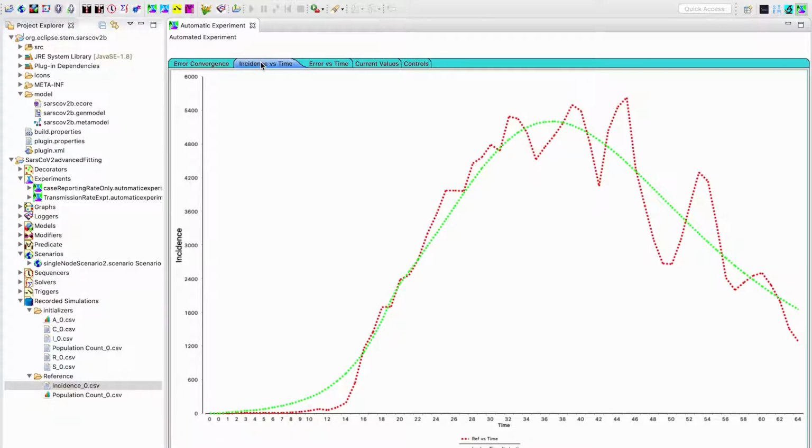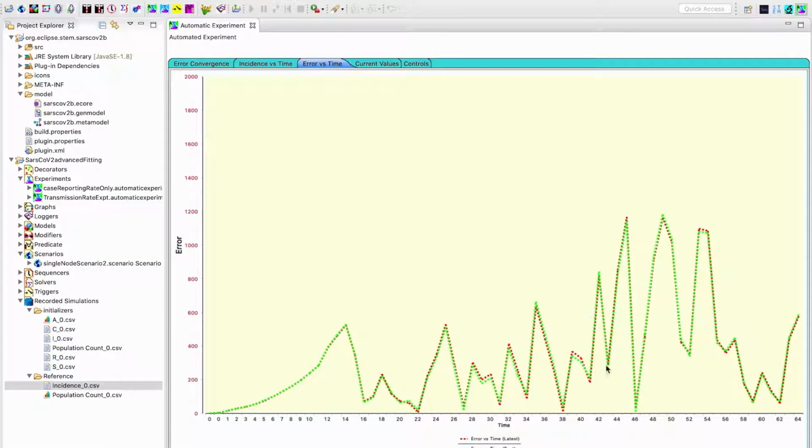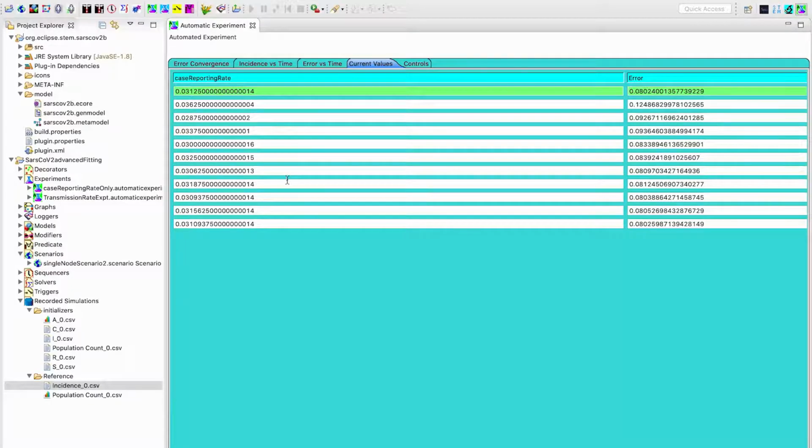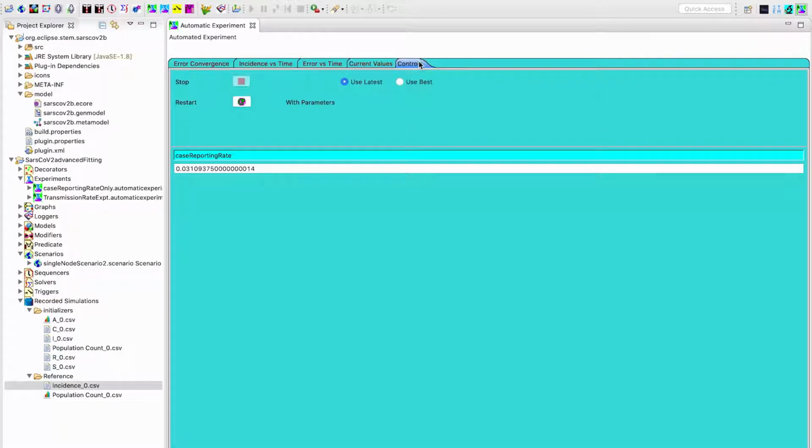We can see here the model projection in green, based on the latest case reporting rate estimate against the reference data, so the corresponding fit, and we can see where the remaining error comes from, also across time in this view from the fit. And so current values from the runs also can be viewed in the tab.